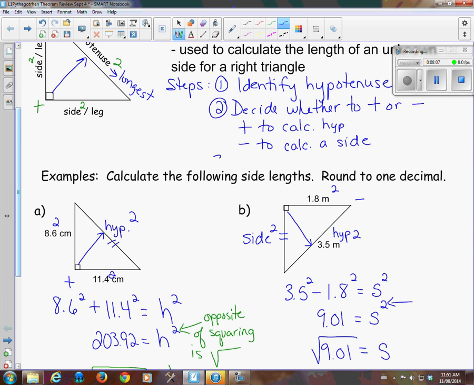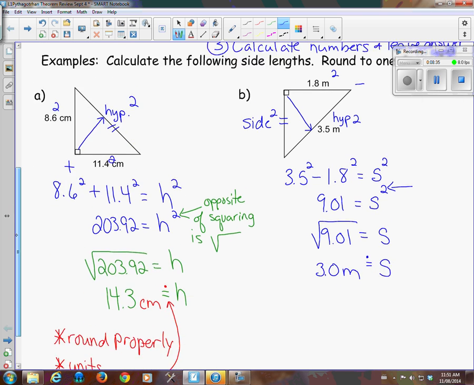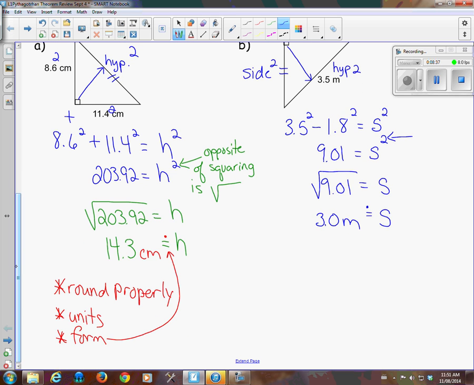And after you decide which one you're doing, you calculate your numbers and leave your answer in good form. I've almost run out of space. And that is everything there is to Pythagorean theorem.